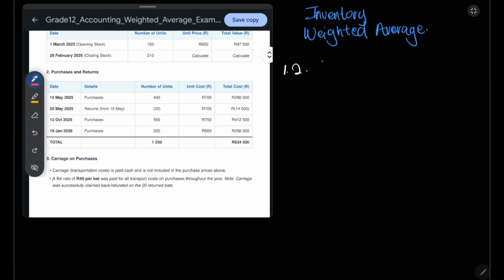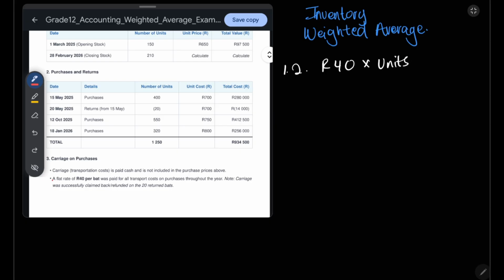Normally when we calculate carriages, let's say we have 20 Rand as our carriage price, the rate. So if we have 550 units, we'll say 20 times 550 units, and we'd get our amount. But in this case, we have to say 40 times our units.